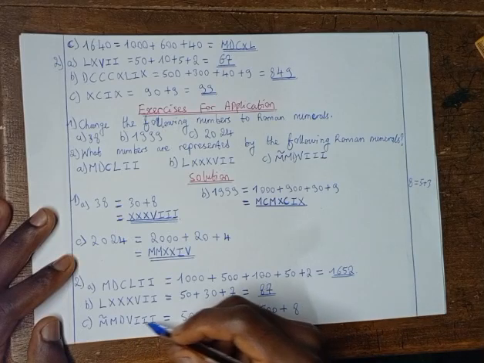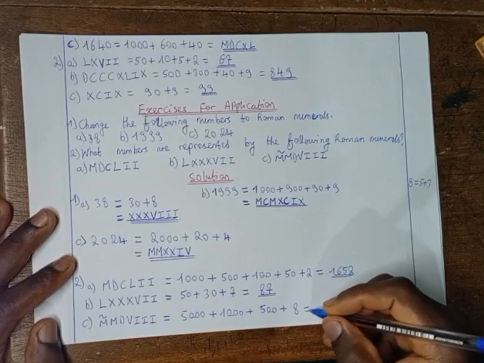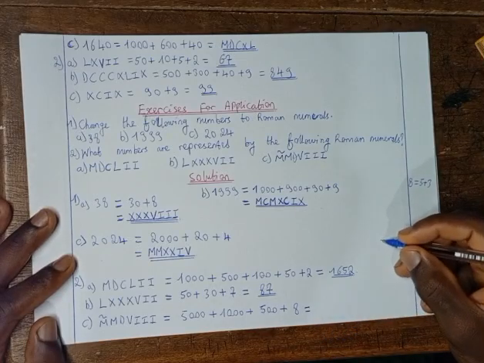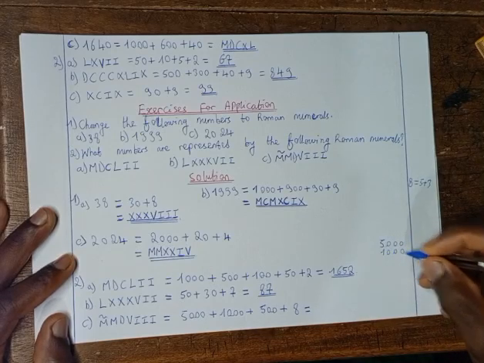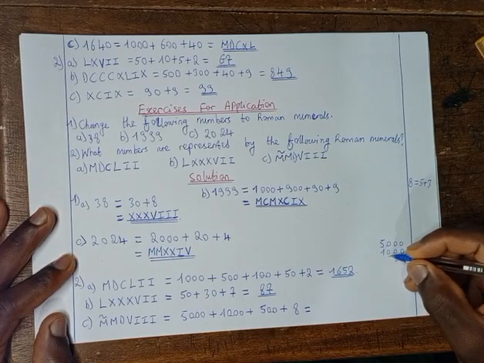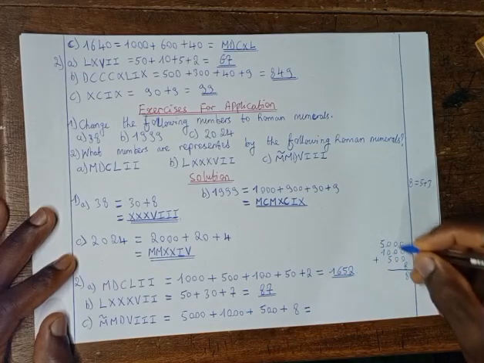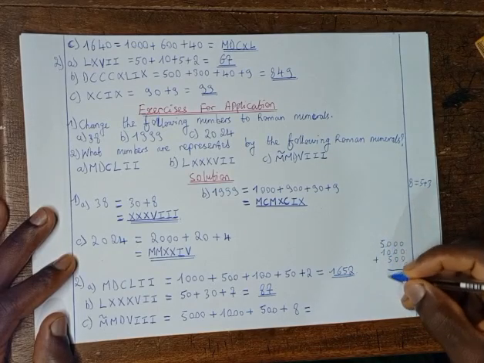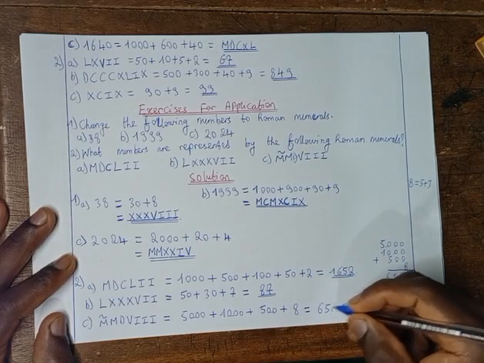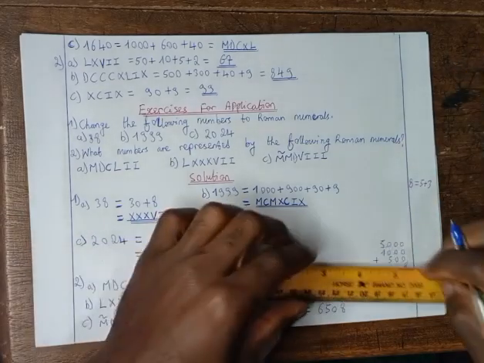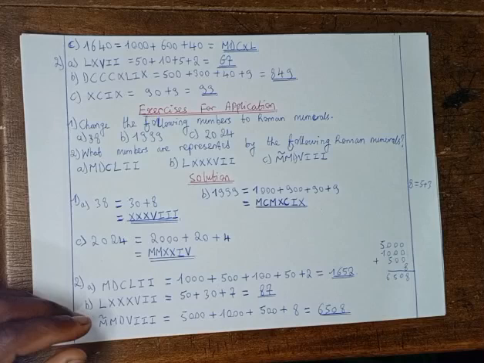We know V is 5, 3 I's is 3, 5 plus 3 gives us 8. So next we need now to sum these numbers. We have 5000 plus 1000 plus 500 plus 8. If we add, this will give us 6508. We are done with the correction.